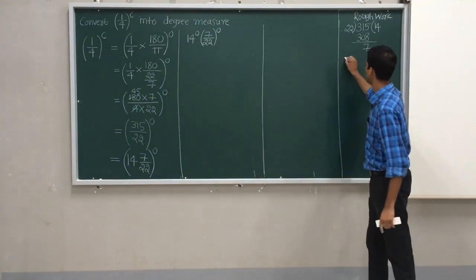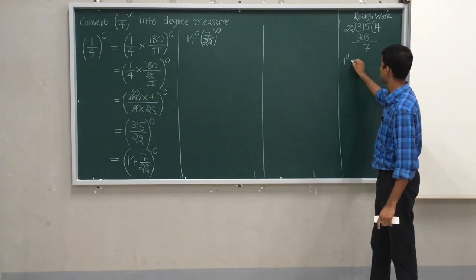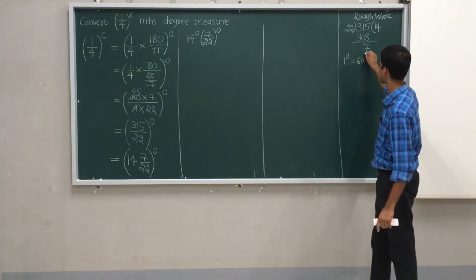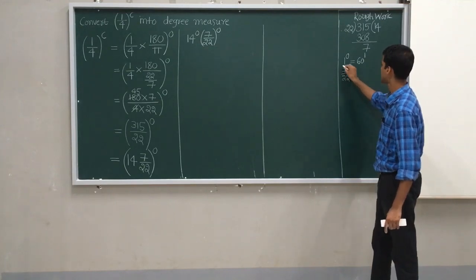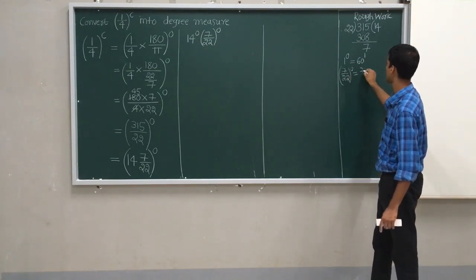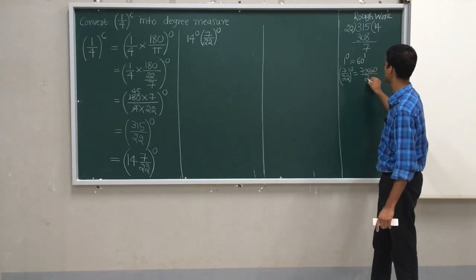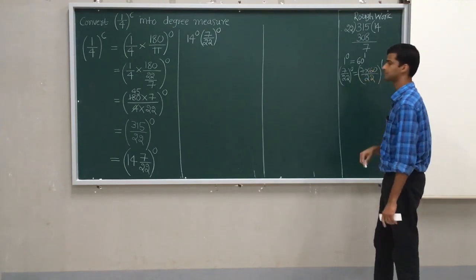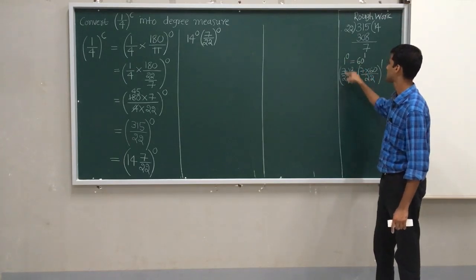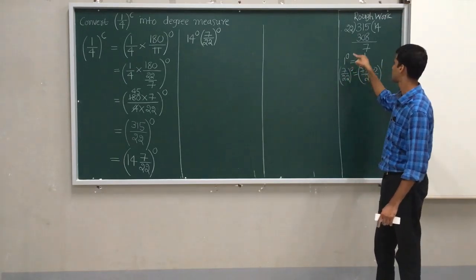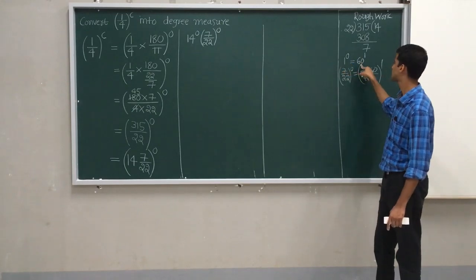We all know that 1 degree is 60 minutes. So can you tell me how much 7 by 22 degree gives? 7 by 22 degree is nothing but 7 into 60 by 22 minutes. If 1 degree is 60 minutes, multiply that 1 by 7 by 22, and obviously here also you need to multiply.